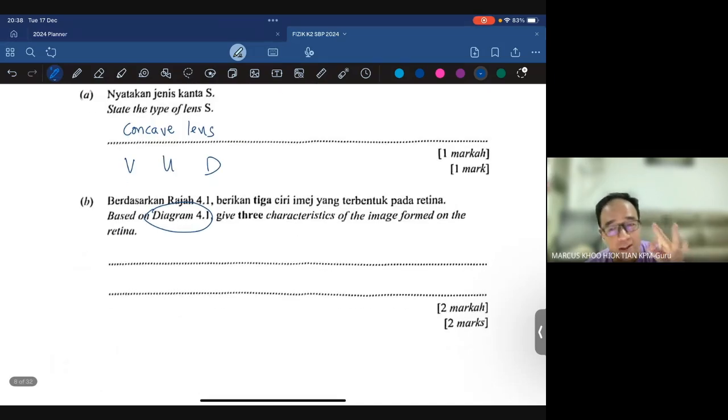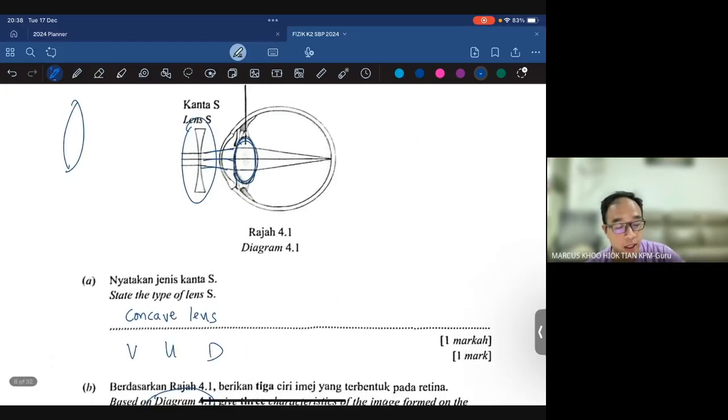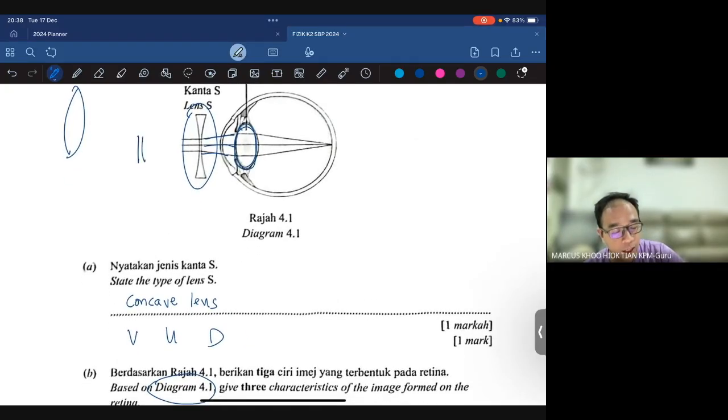Okay, 3 characteristics of the image formed. If you remember how the eye works, the most important thing about the images that enter the eye is that it is always inverted. Kalau kita ada pokok macam ni, at the eye it looks like this. It is our brain that switches it back upright.